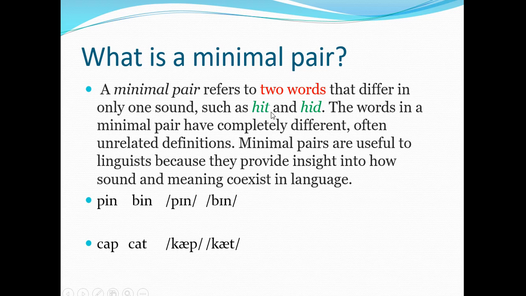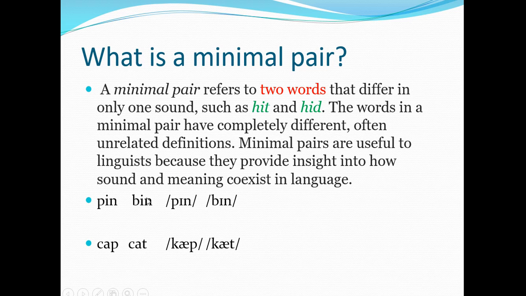So this is a minimal pair: two words that differ in only one sound. This is a very important concept that you should be clear on. The words in a minimal pair have completely different, often unrelated definitions. Minimal pairs are useful to linguists because they provide insight into how sound and meaning coexist in language.